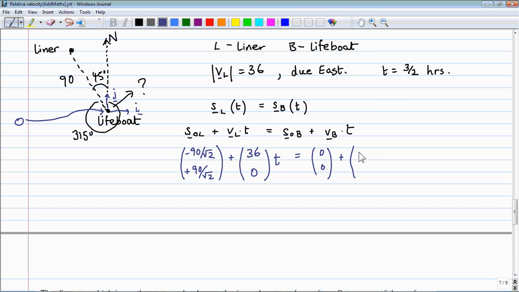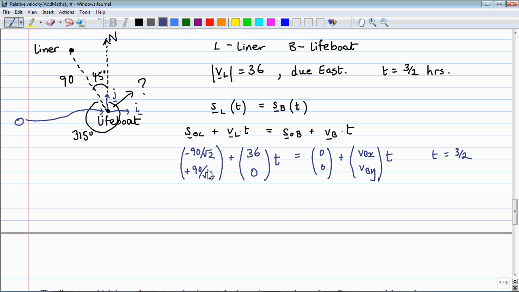So we'll just call it VBX, VBY times t. And the good thing is, of course, that we actually do know t. T is 3/2.